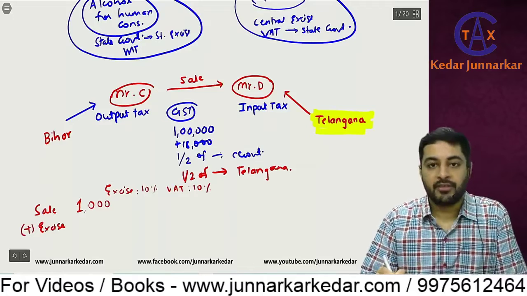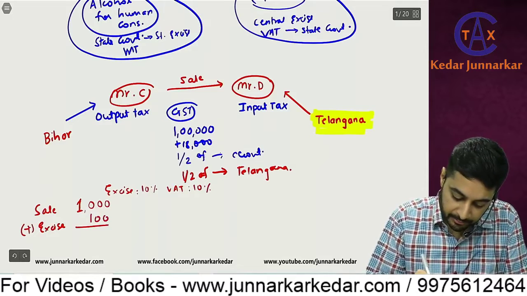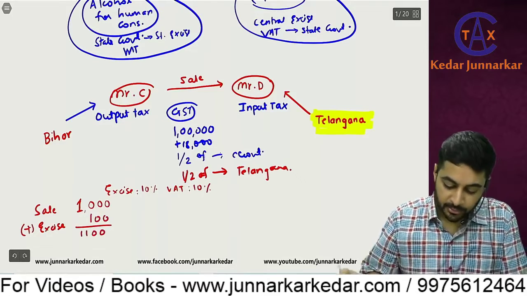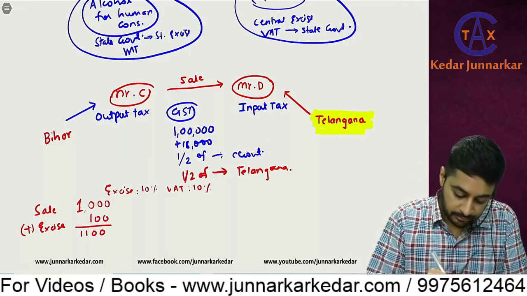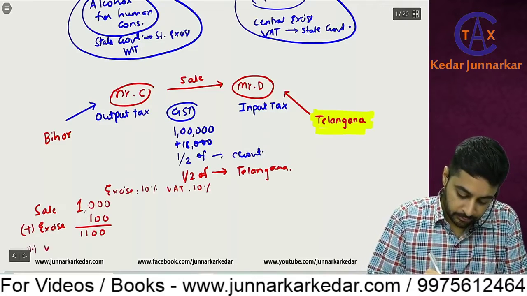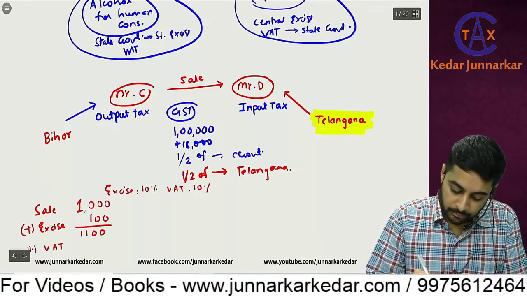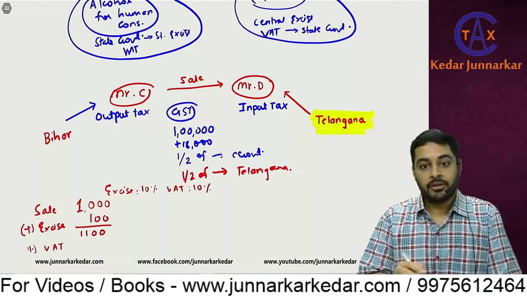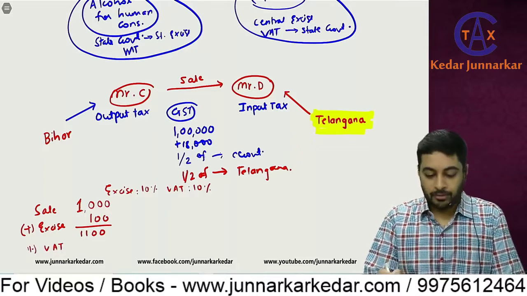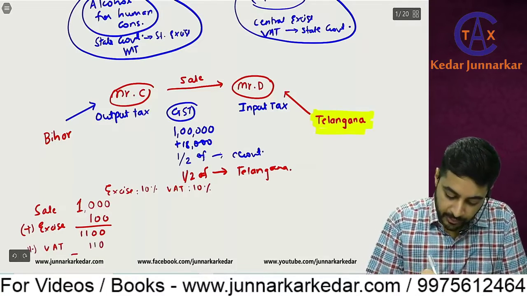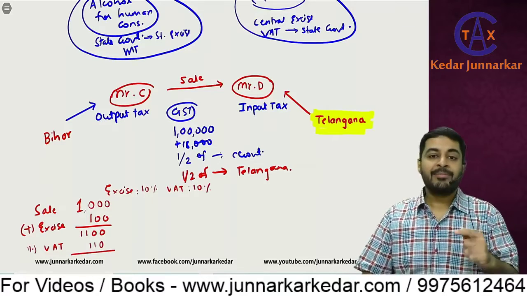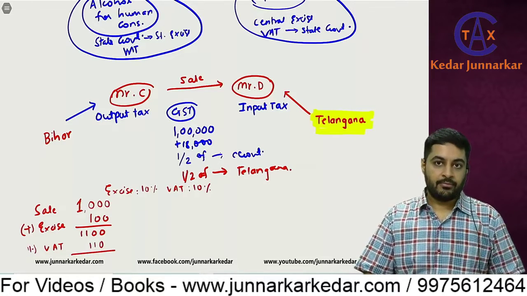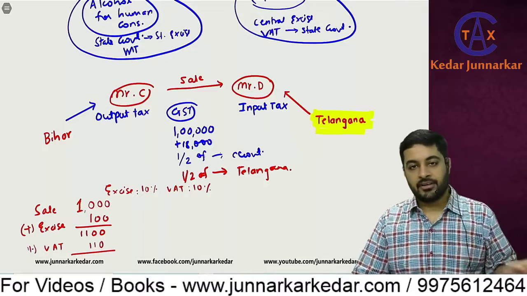So 10% of 1000 is 100, and again I would be charging VAT, 10% of the total amount, and this will be the total price which I will be charging. So here I am charging tax on tax. So that is cascading effect.